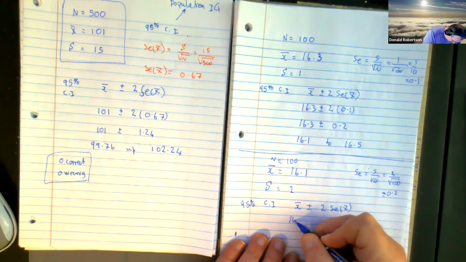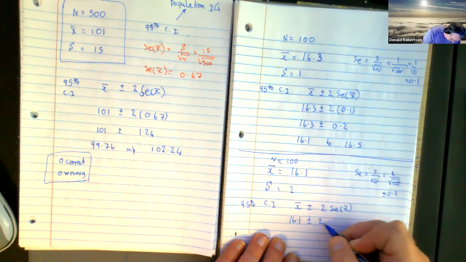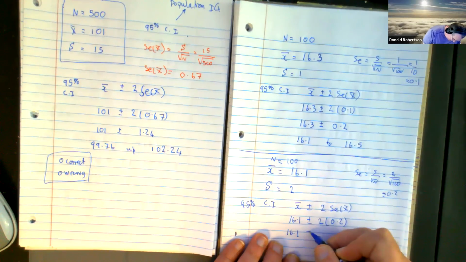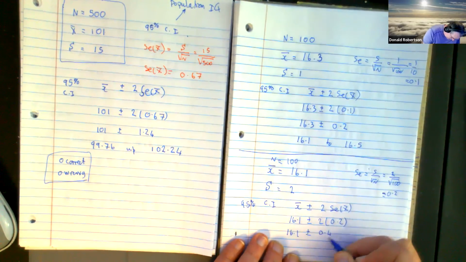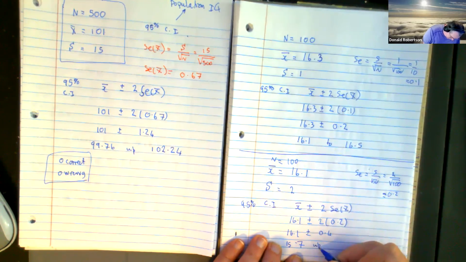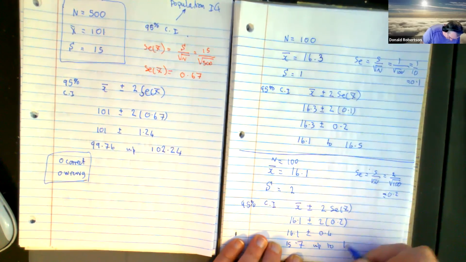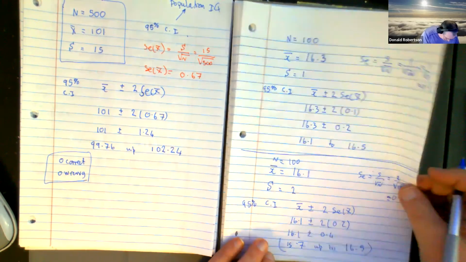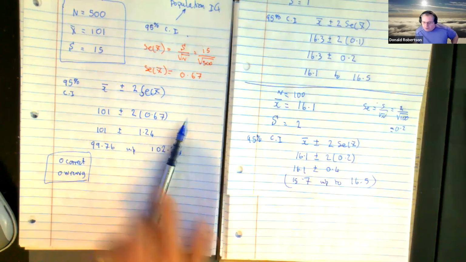The mean is a little bit lower, and the standard error is a little bit bigger. So we end up with 15.7 up to 16.5. Can you see that they're now in trouble?